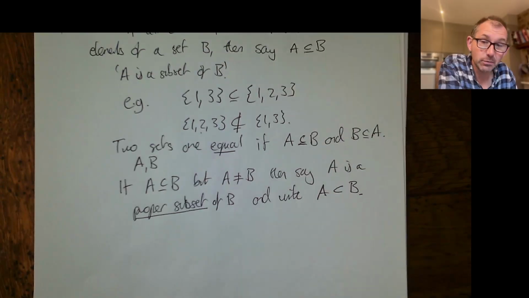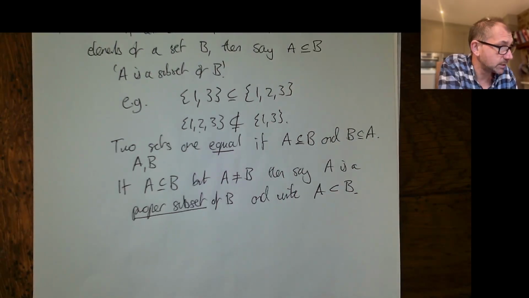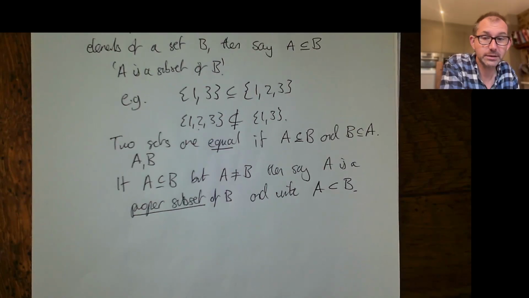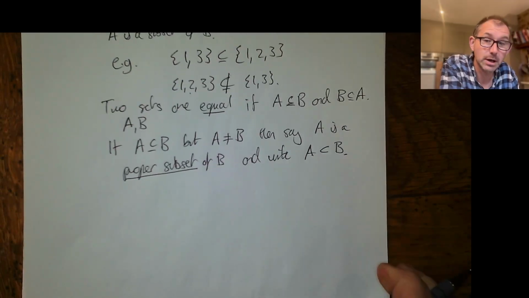We can take all of the subsets of a set and we can put them all together into another set, and that is called the power set.